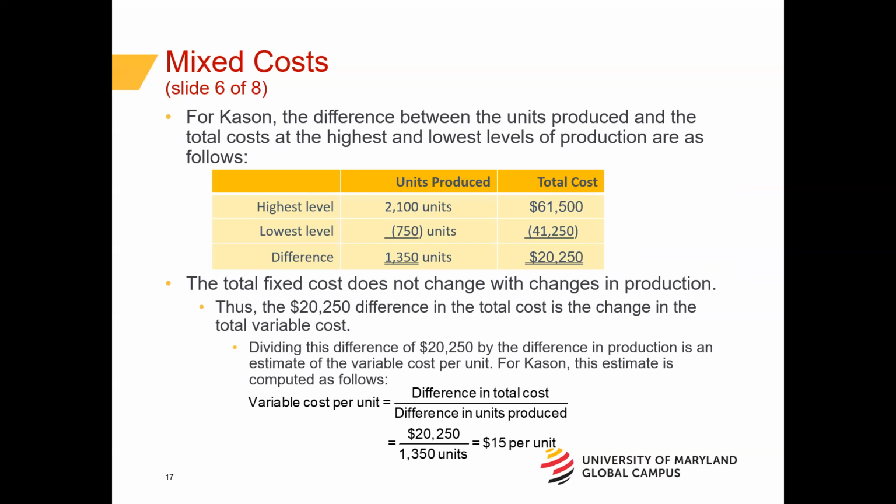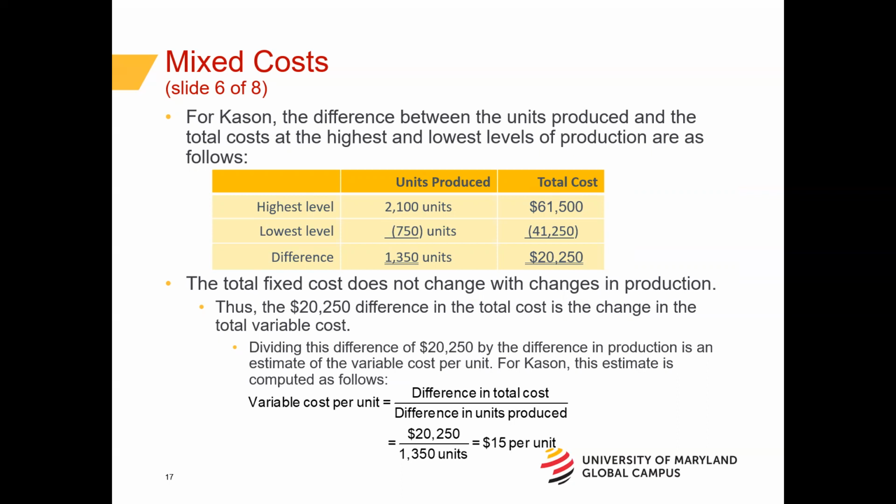So the first step to find the variable cost per unit is to find the differences first. The difference in units is 1,350, and the difference in total cost is $20,250.